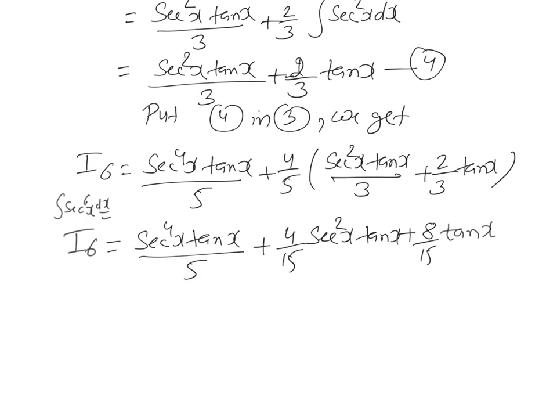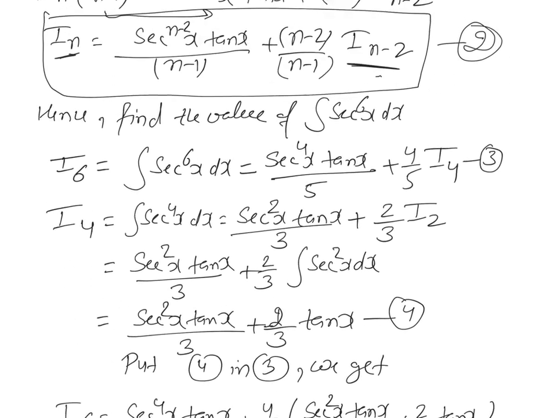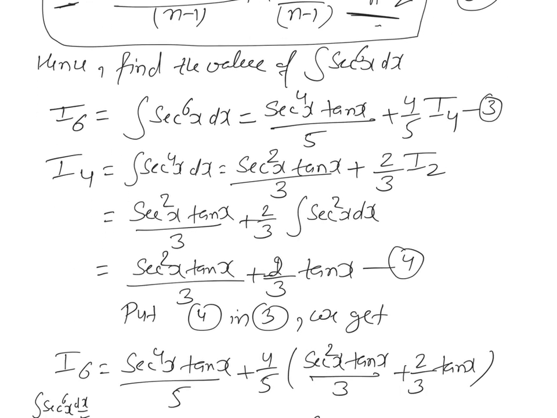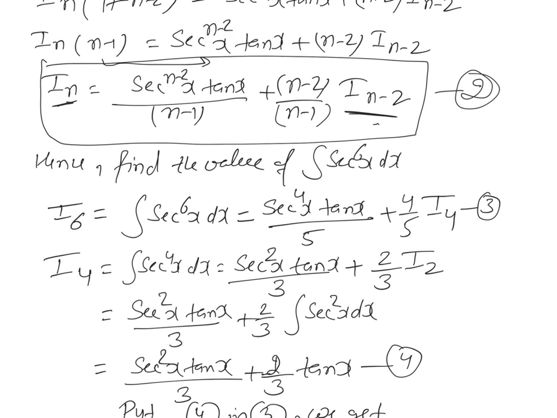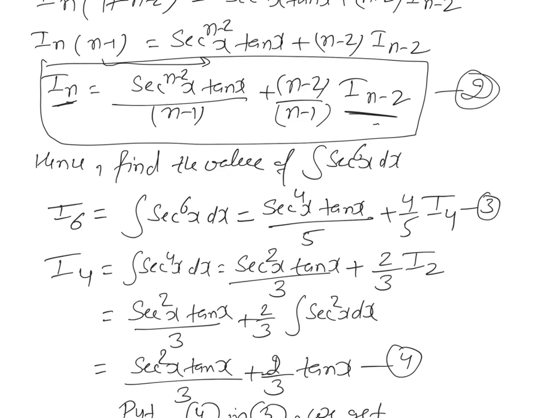Now you have seen with the help of reduction formula number 3 how easily we were able to find out the value of secant x raised to the power 6.